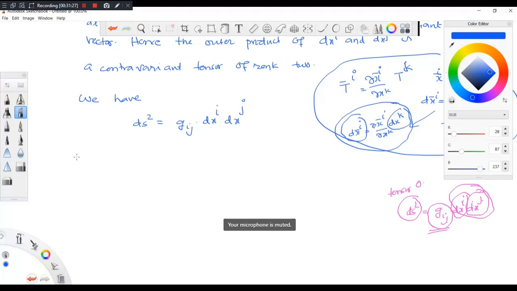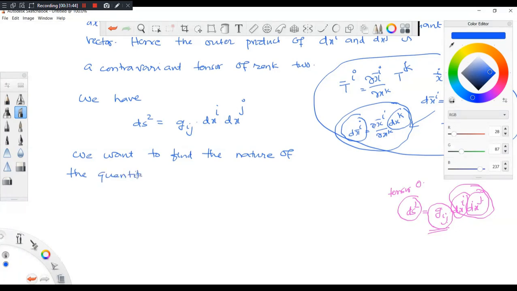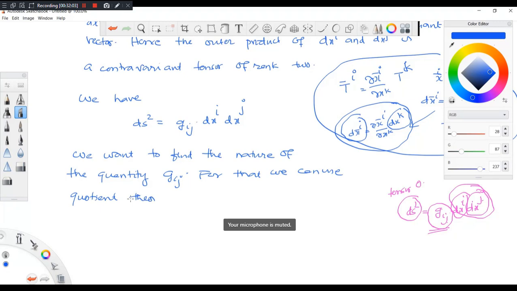We want to find the nature of the quantity gij. For that we can use the quotient theorem or quotient rule.